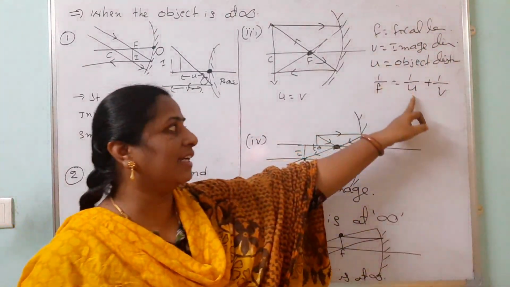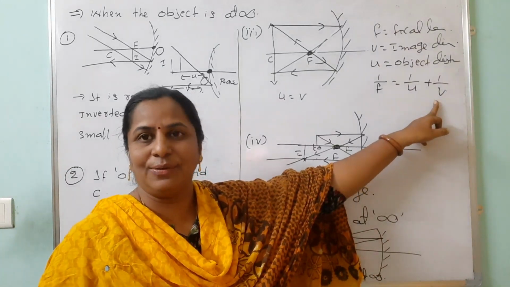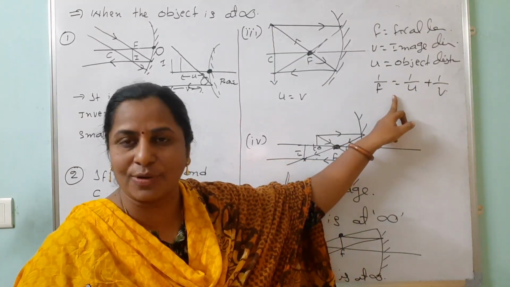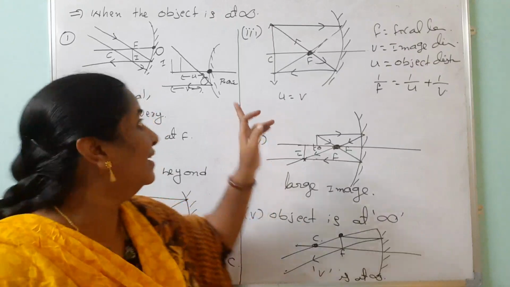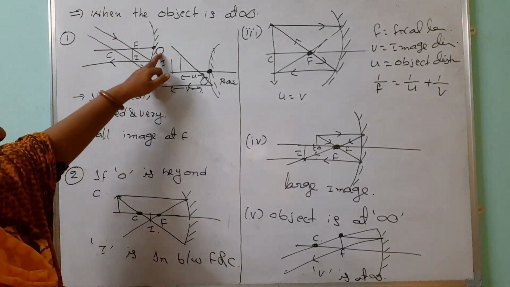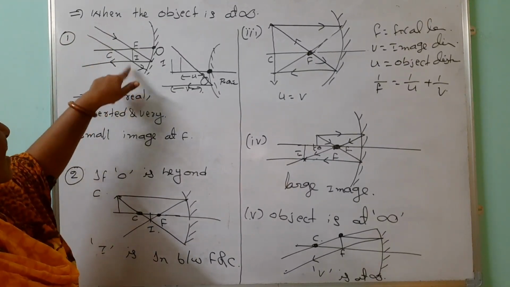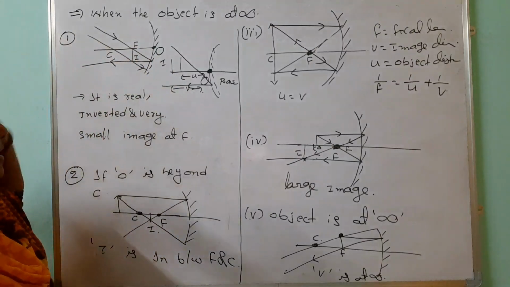If we measure the object distance and image distance opposite to the incident rays, they are negative. When these two are negative, automatically our focal length, measured from the optic center, is also negative. So in the first case, the object is at infinity, but you measure from the optic center opposite to the incident rays. So the image distance v is negative, f is negative, and u is also negative.